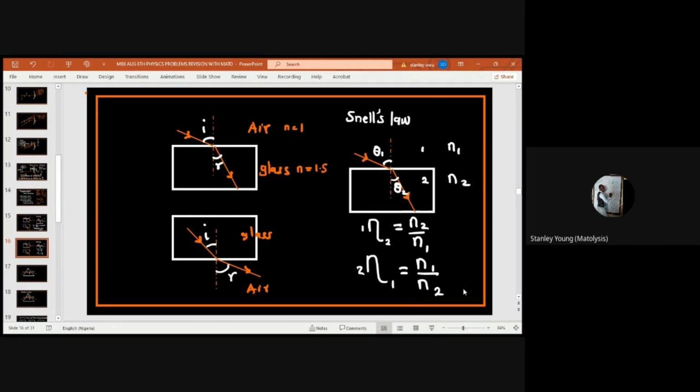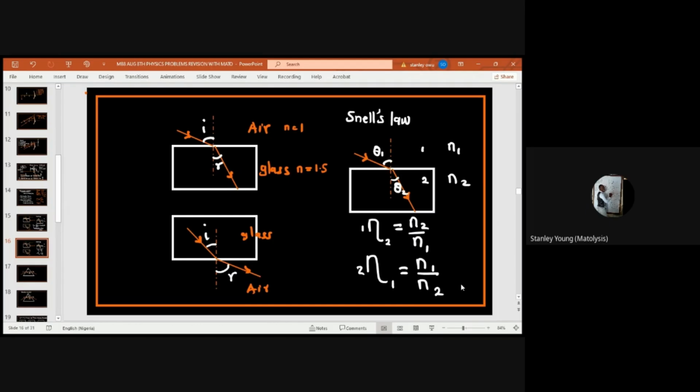So please take note: when a ray is traveling from 1 to 2, the relative refractive index is N2 over N1, and when a ray is traveling from 2 to 1, it is going to be N1 over N2.